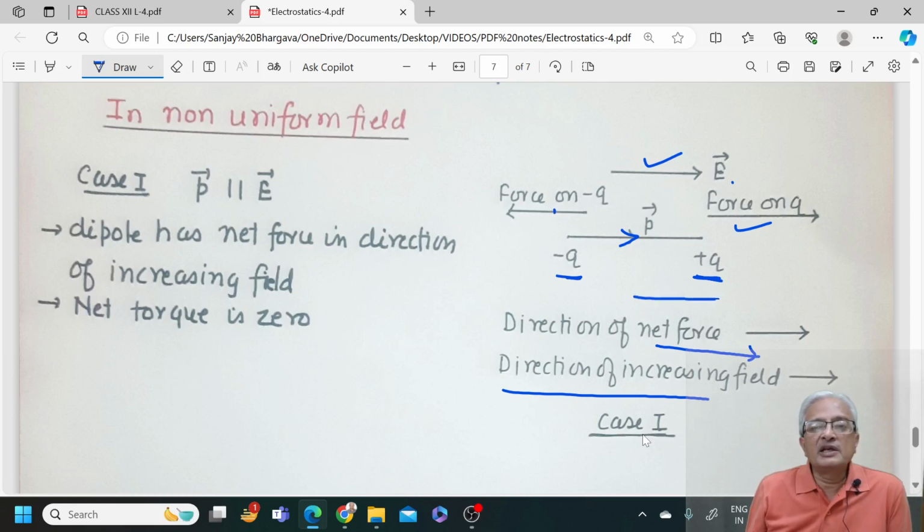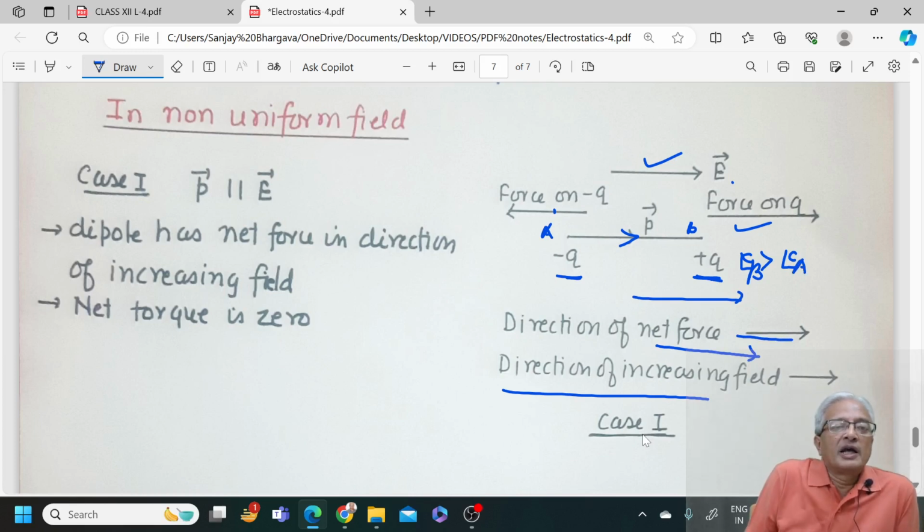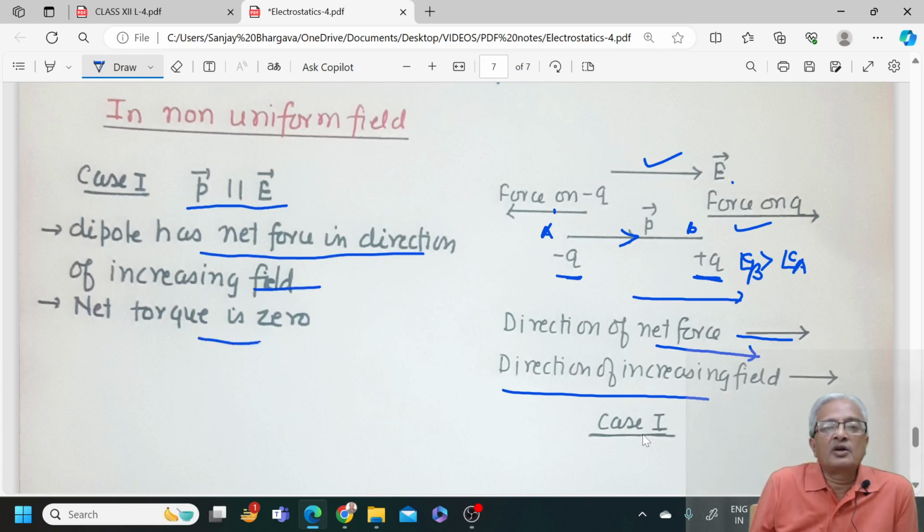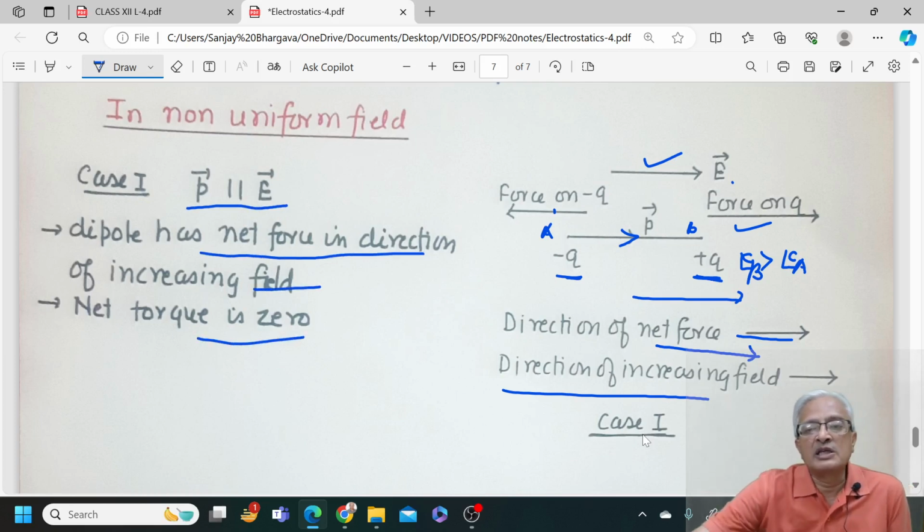The electric field is increasing in this direction, so E at this point would be greater. If I call this point A and this point B, then the electric field at B would be greater than at A, and that is why the net force would be in this direction. So here the direction of the dipole moment is parallel to E. The dipole has a net force in the direction of increasing field, and net torque is equal to 0.